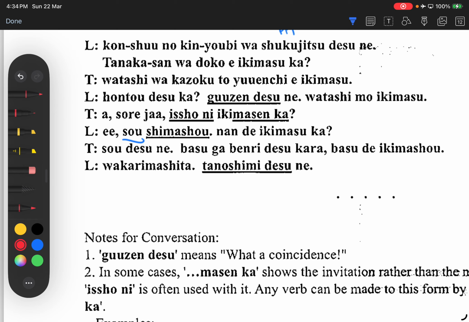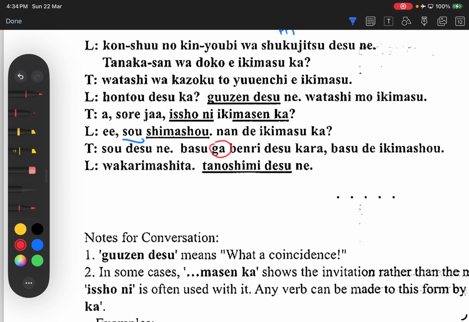So about that, バスが便利ですから. The word 便利 means convenient. It is an adjective, so usually the word before that is the particle が. So about the bus as an object, the bus is convenient. ですから means that's why, or because.